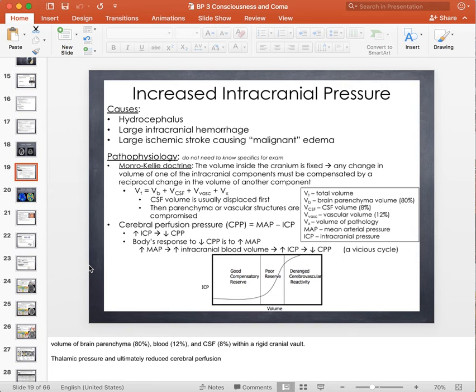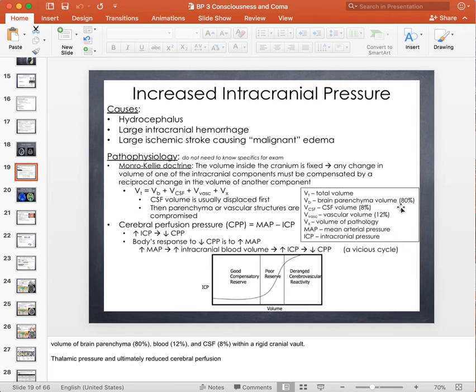So this ends up being a vicious cycle because, of course, the body's response to decreased blood flow to the brain is to say, well, let's get more to the brain. So the systemic blood pressure, the mean arterial pressure, increases in order to try to get more to the brain. But what ends up happening is that just leads to more blood volume, which we already know we don't have room for.